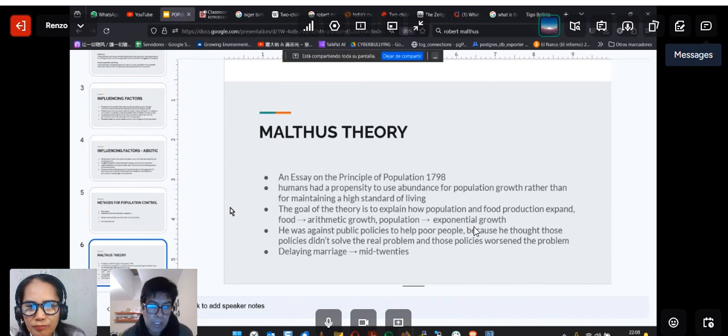They have an arithmetic growth. Meanwhile, the population, the people, grow exponentially.